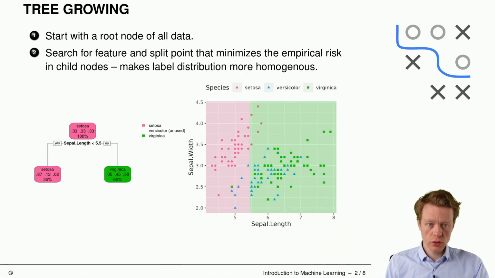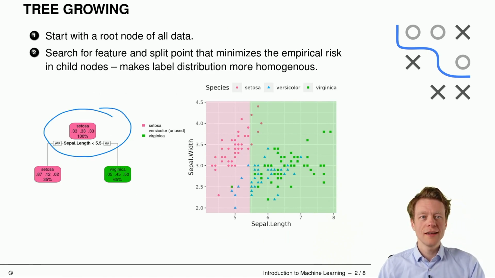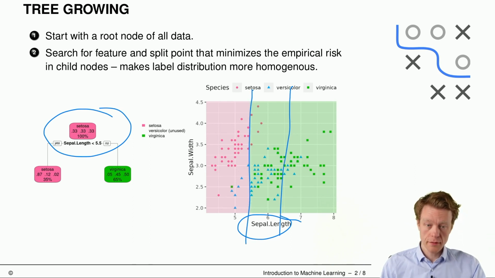Okay, let's see how this works in an example. We start with the root node of all the data. So it's the same data you know from before, the iris data, there is 100% of the data in that root node. Then we search for a feature and the split point that minimizes the empirical risk in the child nodes. So we can, for example, first look at sepal length and split here or there or there.